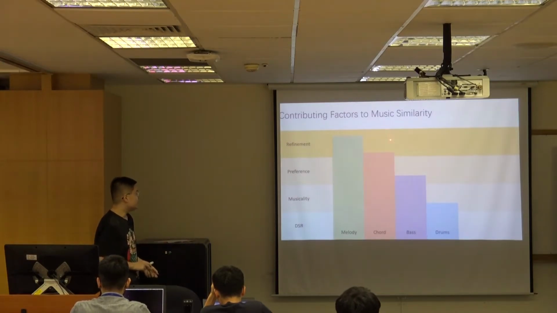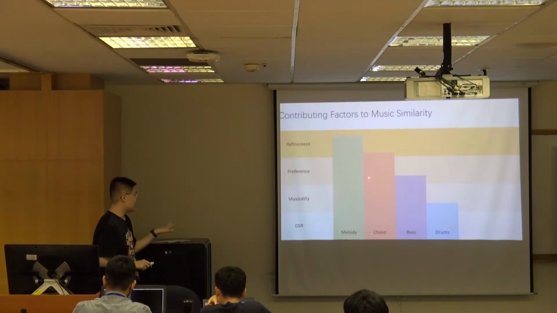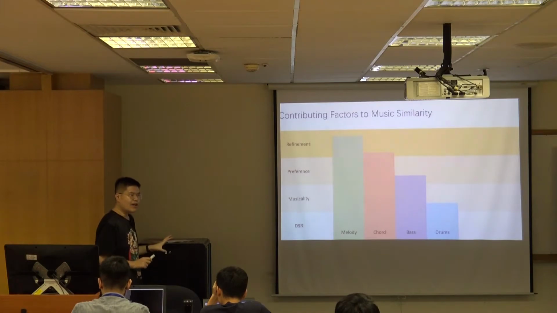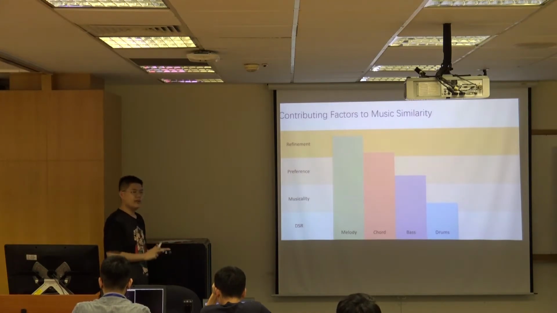Okay, if you still remember the contributing factors to music similarity, if we want our generated music to have all the features, we may want the generated melody to have all the features, the chord to have 3 or 4 of these features, the bass 2 or 3, and the drums 1 or 2. So how can we guarantee the generated music has these features?